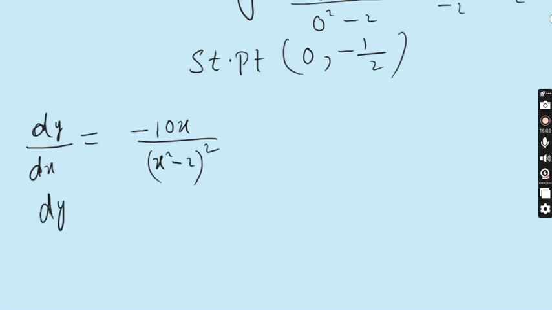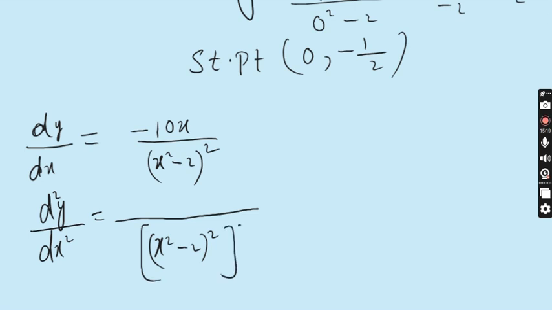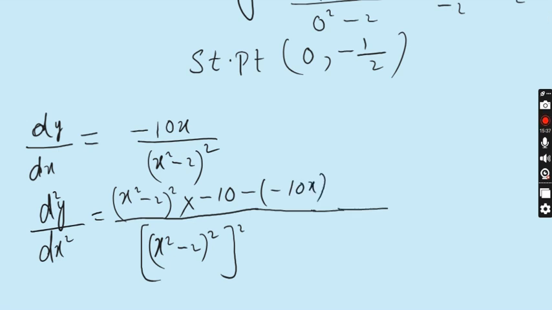So find the double derivative. d²y/dx² is equal to, apply the u upon v formula: v squared in the denominator, v as it is, the derivative of negative 10x, which is negative 10, minus u, that is 10x, multiplied by the derivative of v.